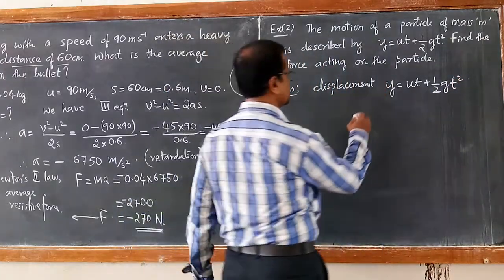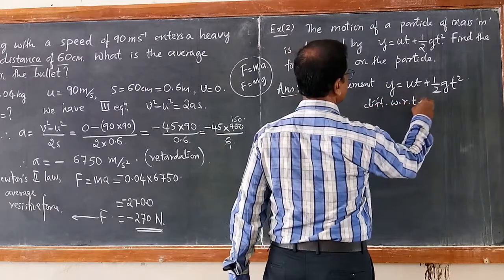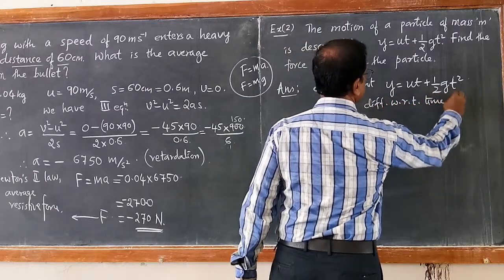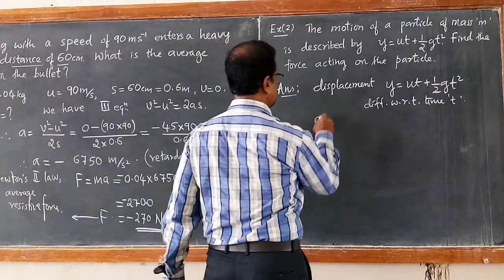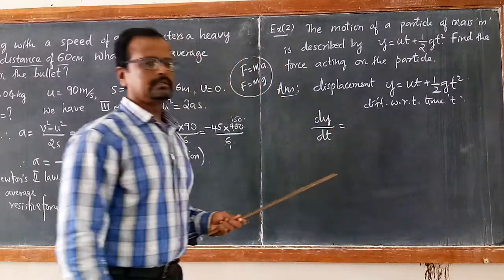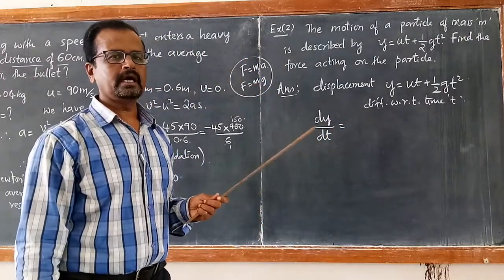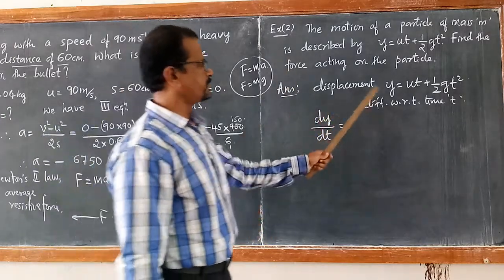Differentiating this with respect to time t, dy by dt. We have learned motion in a straight line as well as motion in a plane. We have learned differentiation, so we are applying differentiation.